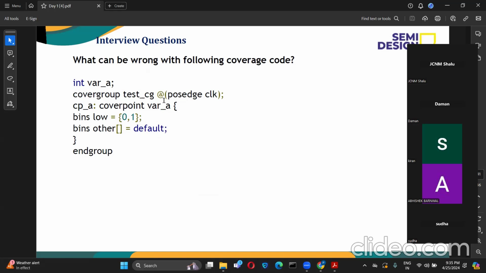So what can be wrong with the following coverage code? This might be tough for you guys, so let me answer this. If we have declared only 2 bins as low bins, and the rest are all given to the default bin, then while doing the coverage, it might even crash, because we cannot give so many bins to a default.